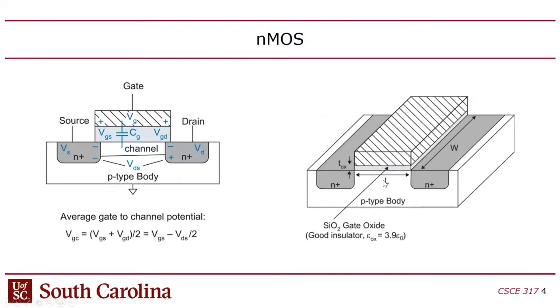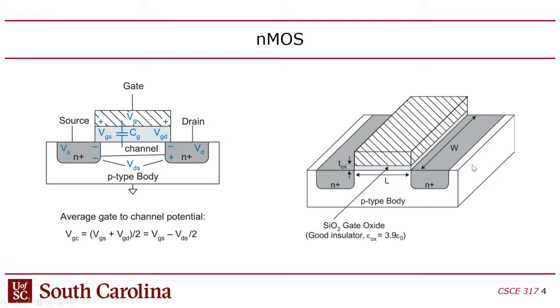Now the length, as I mentioned, is usually a constant. If you're in, say, Intel's 14 nanometer technology, then the length of every transistor is going to be pretty much just that. It's going to be 14 nanometers. But the width is something that you can vary.